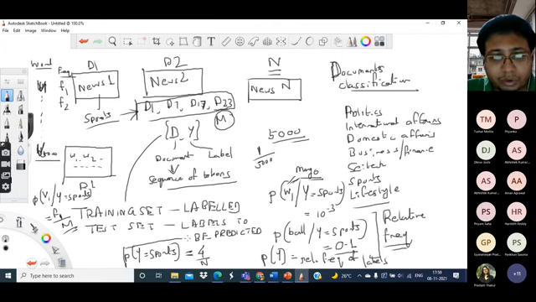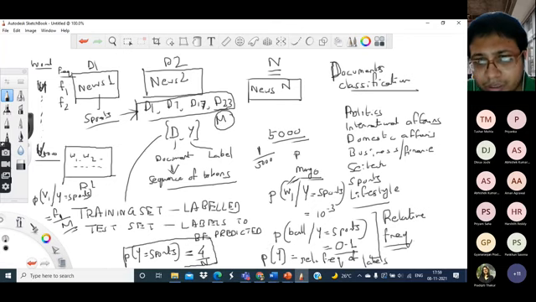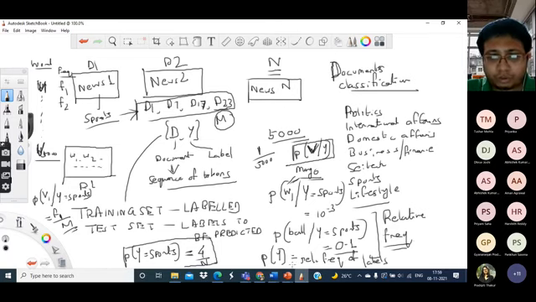Now, using these two quantities, p of y and p of v given y, I will be able to solve the problem: given any test document, what is its label likely to be?